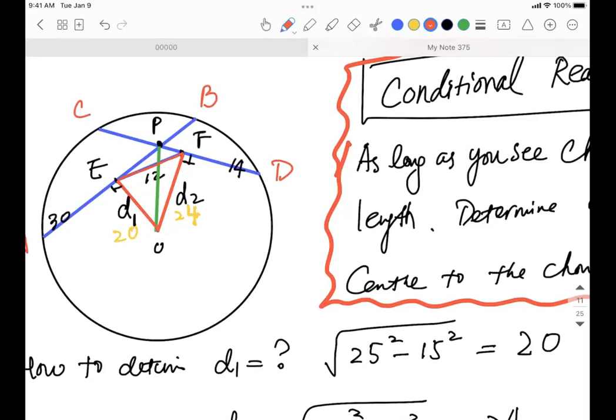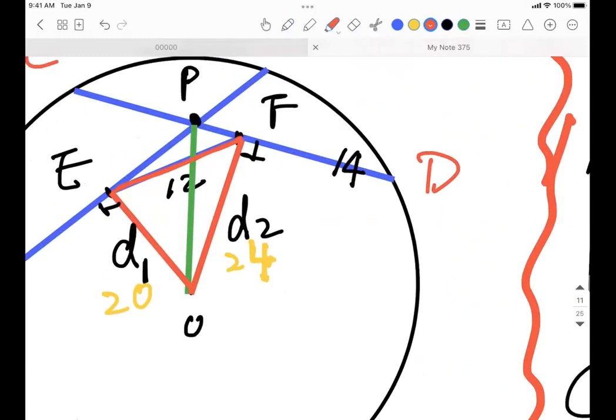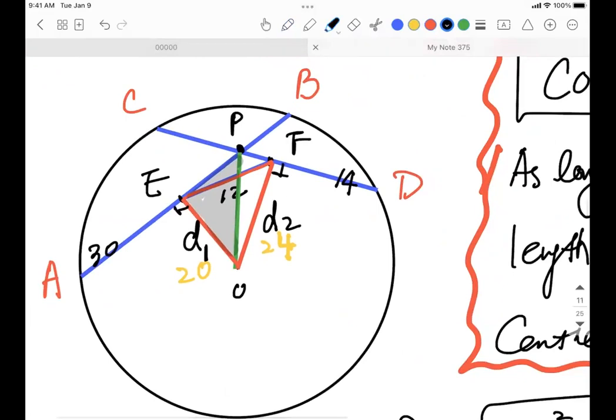Previously, I mentioned, if you want to determine OP, you probably want to put it into a triangle, and so on and so forth. But let's say I want to give an example. Let's say I put it into this black triangle, for instance. This black triangle, you know D1 already, but you really have no idea what's the value about DP, right? The black triangle is a right triangle. As long as you know 2 legs, you'll be able to determine OP. OP is the hypotenuse. But the $1,000,000 question is, I just calculated the value for D1, but I have no idea how to determine EP.